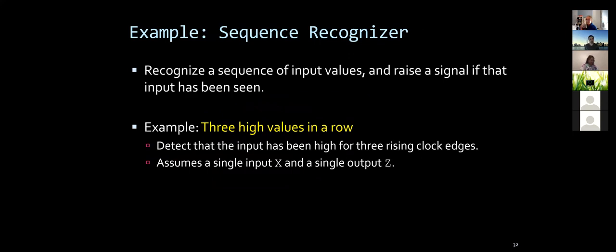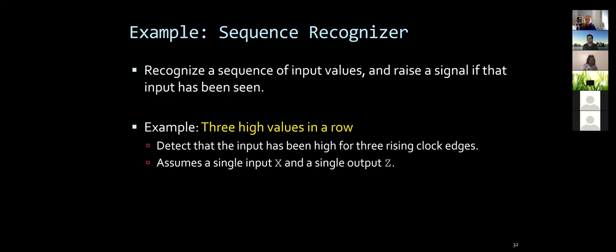Okay, one example is a sequence recognizer. It recognizes a sequence of input values and raises a signal if that sequence has been seen. So one example of that is 3 high values in a row. For example, if I have seen 3 ones, signal me, right? So I want to recognize the signals.